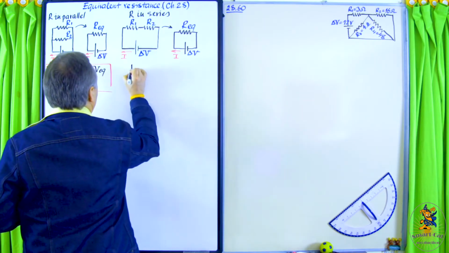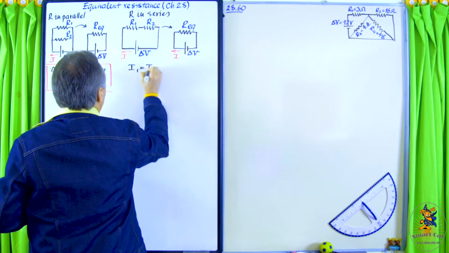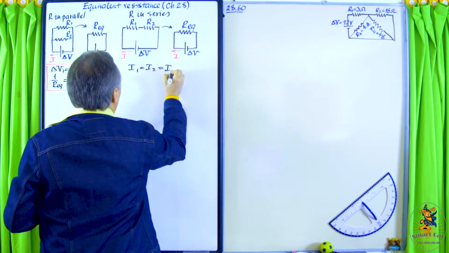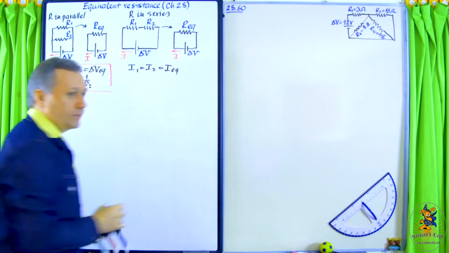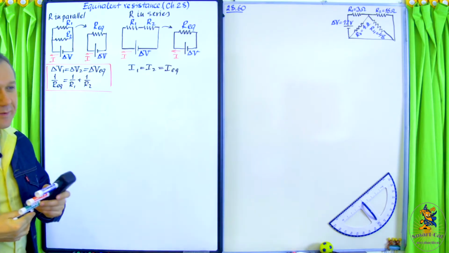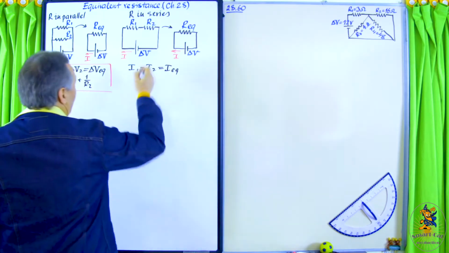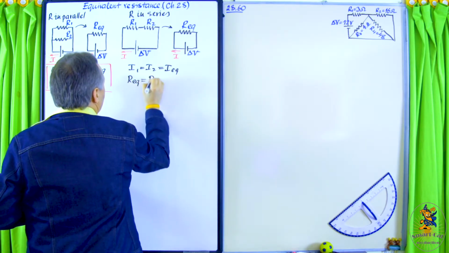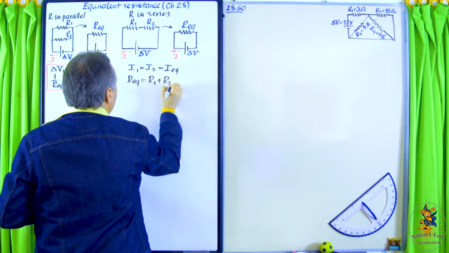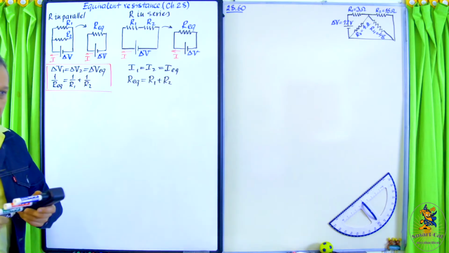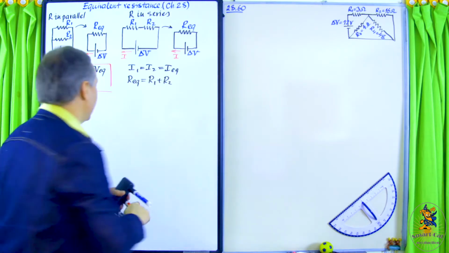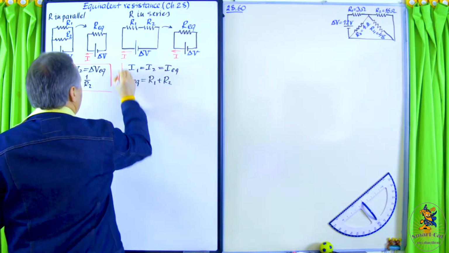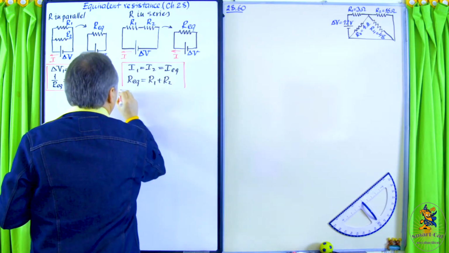Now I can write that I1 equals I2 equals I through the equivalent resistor, and then the formula which can be used to find R equivalent. So R equivalent equals the sum of the resistances of resistors connected in series. So that's what we need. All right.